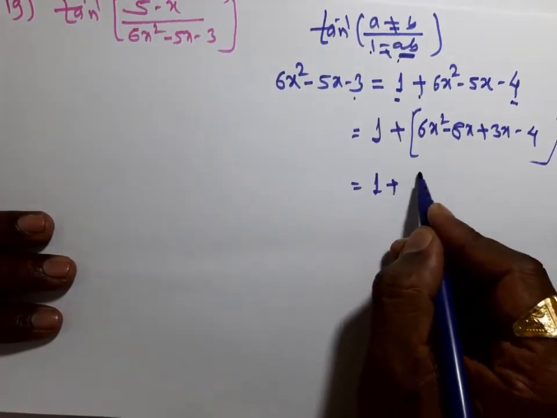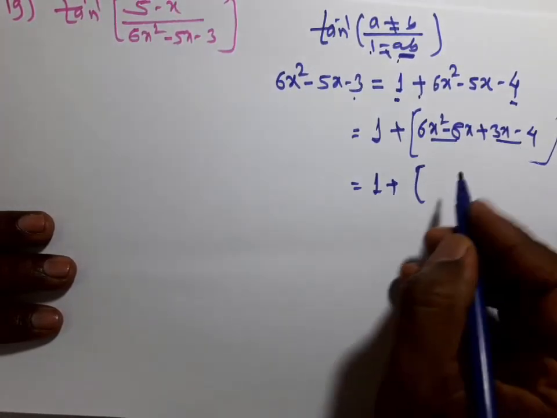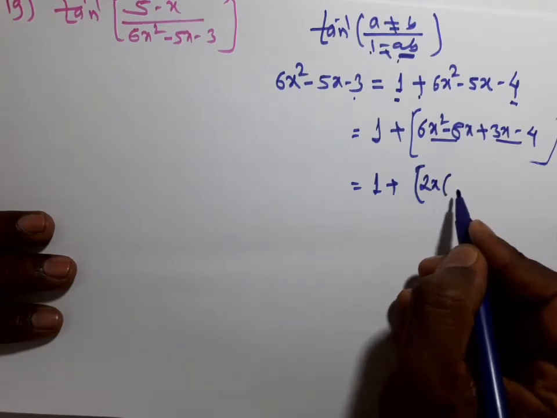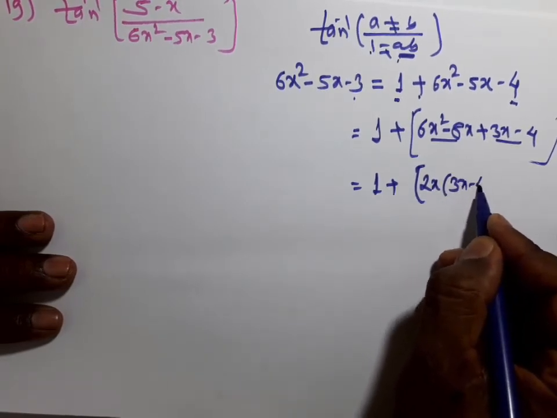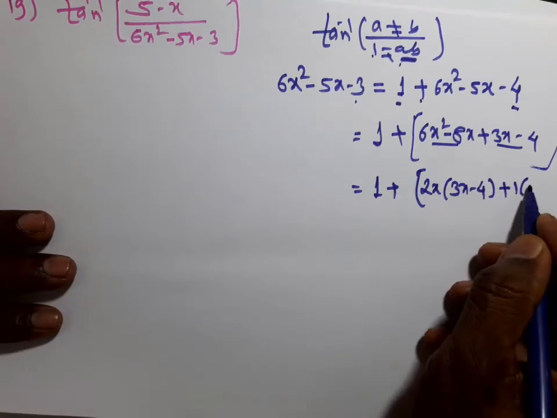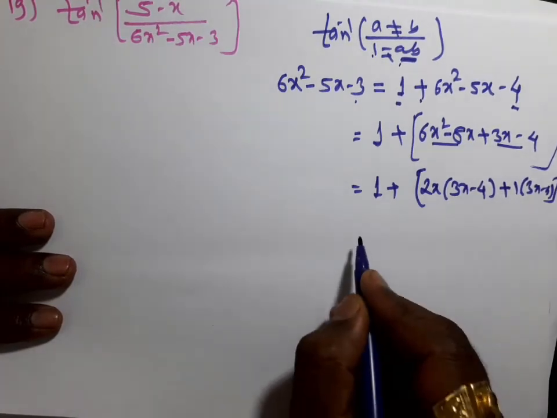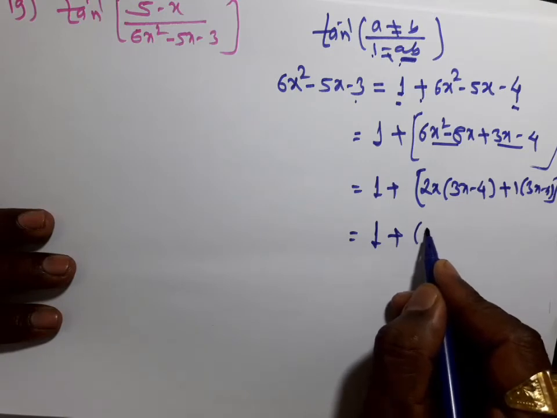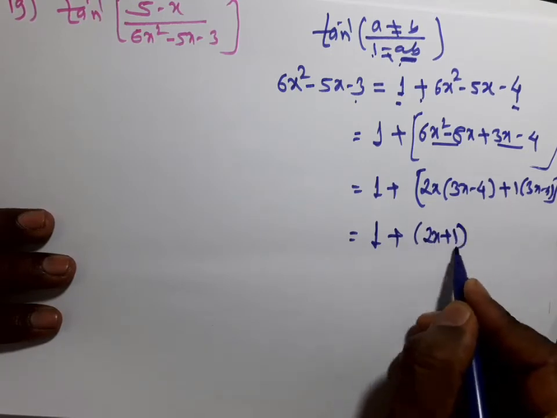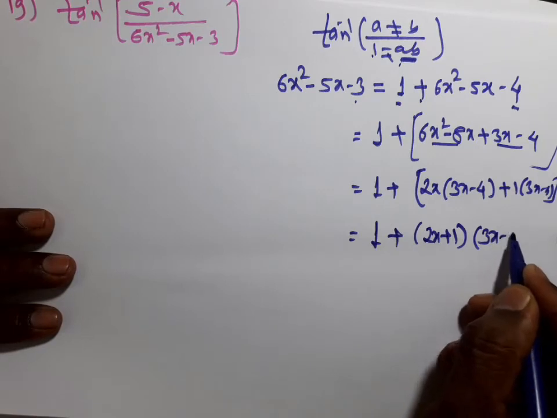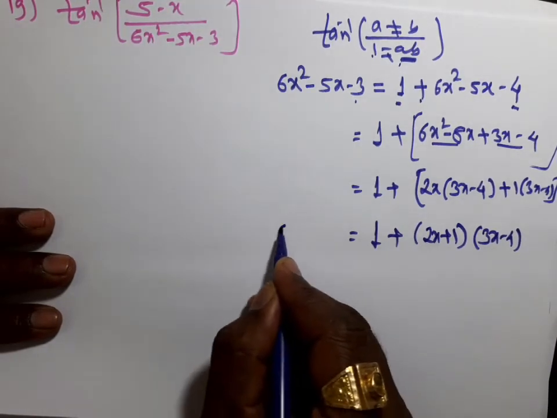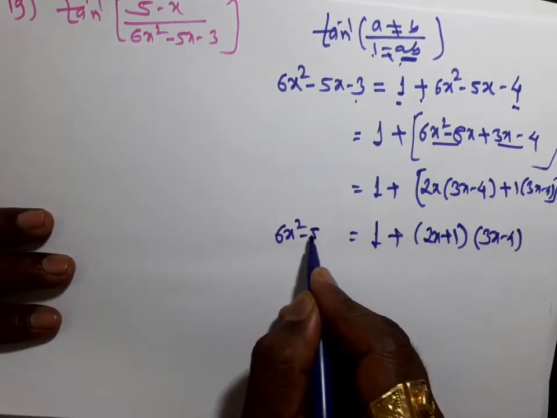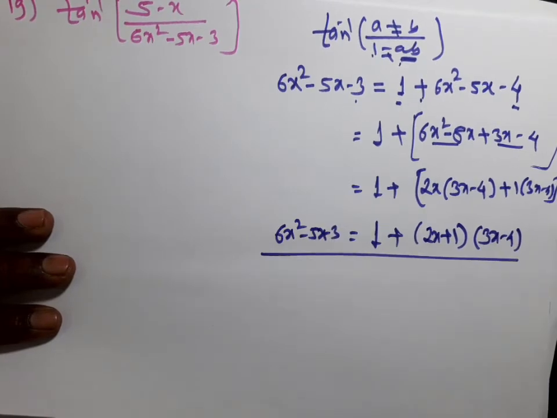This is 1 plus, take the common 2x inside the bracket, 3x minus 4, 1 common, 3x minus 4. So 1 plus (2x plus 1) another bracket (3x minus 4). This is the simplification of this term.